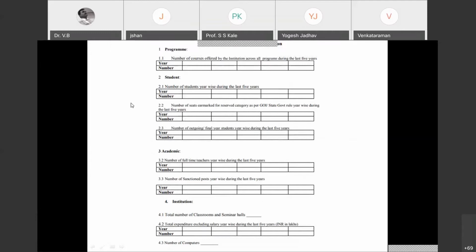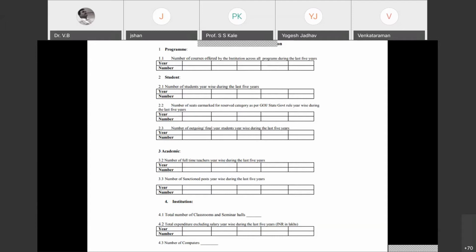This is the extended profile of an institution. This is a part of your SSR. In this extended profile, these are the quantitative data that we have to provide. The first question, 1.1, means criteria number 1.